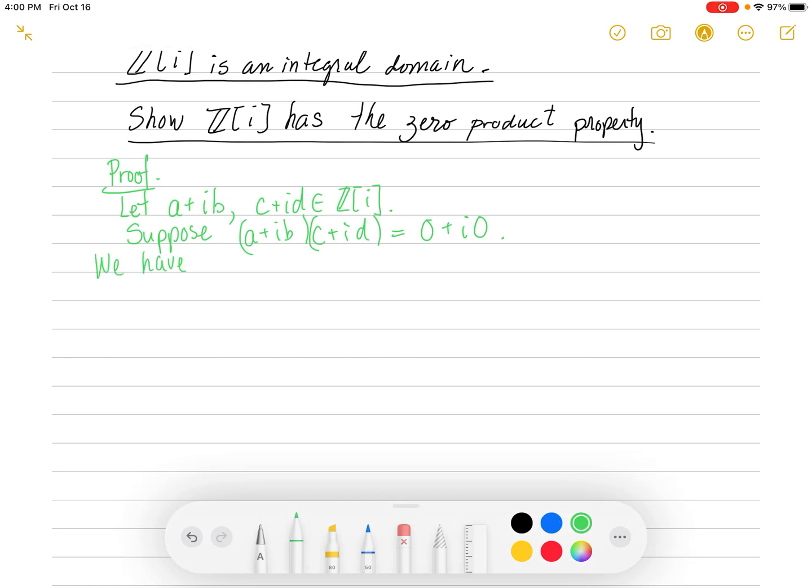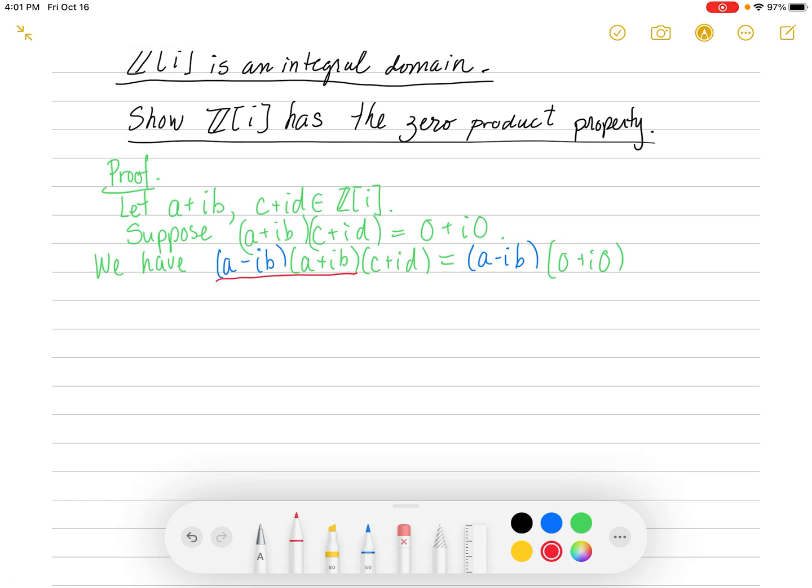I'm going to take the conjugate of a plus ib, which is a minus ib, and multiply on the left there: a plus ib, c plus id. And you do the same thing here, coming from the left, on the right side of the equation: a minus ib times 0 plus i0.